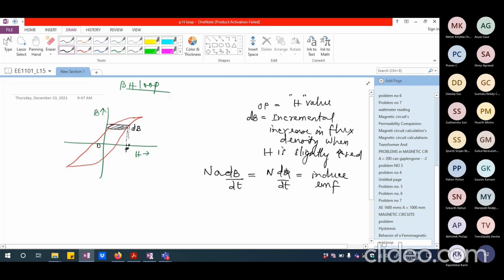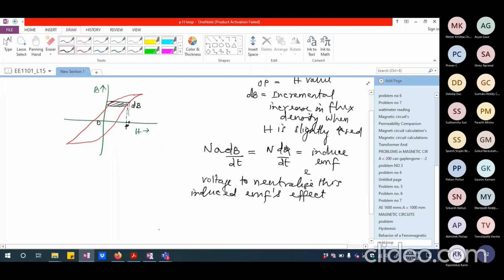So this induced EMF, if I may call it E, I have to apply a voltage to neutralize this induced EMF's effect, which is actually preventing the domains from shifting their position, because they are not going to give up their position so easily.